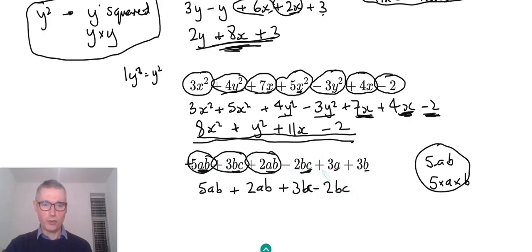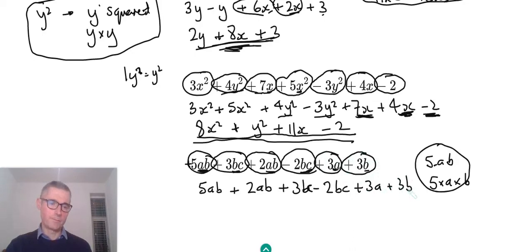And then we've got plus 3A next. So we've done the BCs. Now we've got plus 3A, and there's no other A's there, so we can only write the A on its own, 3A. That one's done. And we're going to do the plus 3B next. There we go.